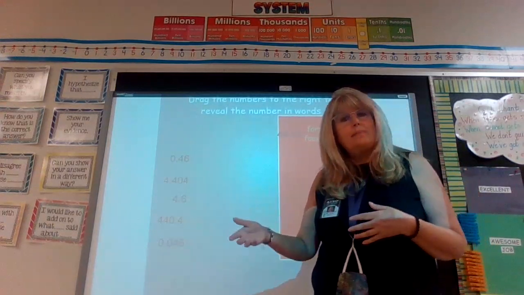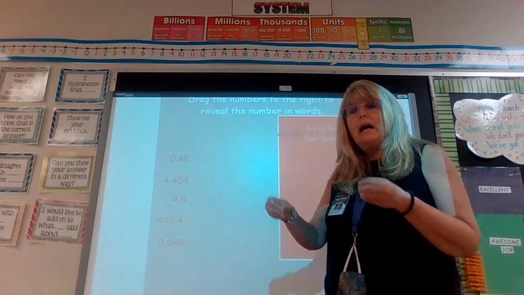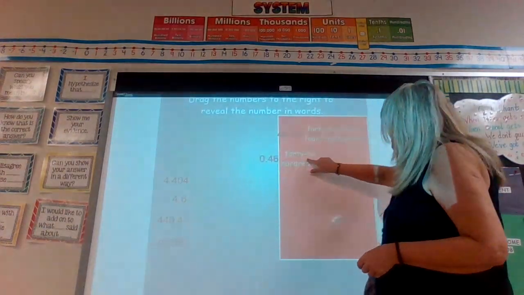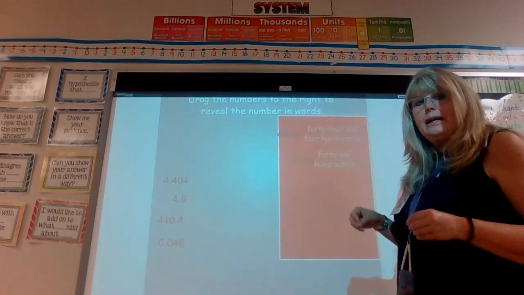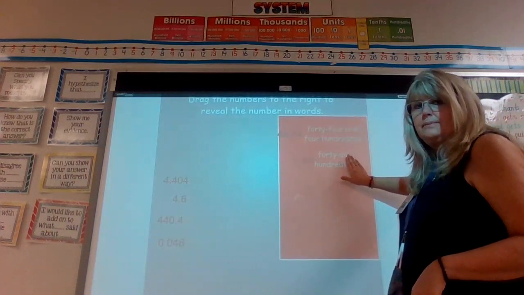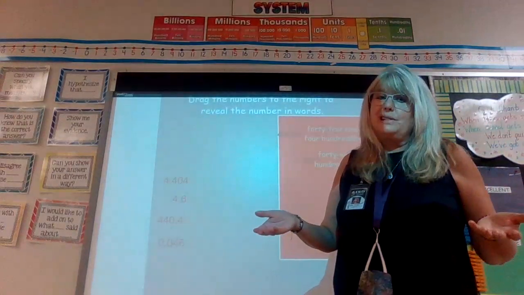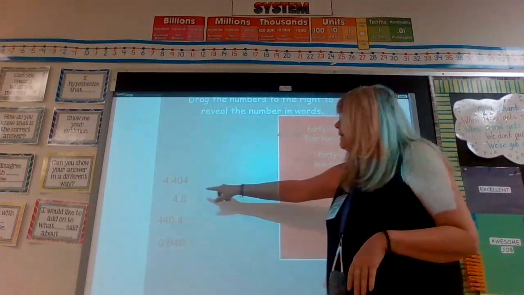Because that 6 drops into the hundredths place, I'm going to say this is 46 hundredths. Please do not forget to write the THS. If you forget to write it, you will have said 46 hundredths. And you're going to learn later on that you can have the number 46 hundredths, but it's going to make your number larger. Okay, we're going to skip this one.